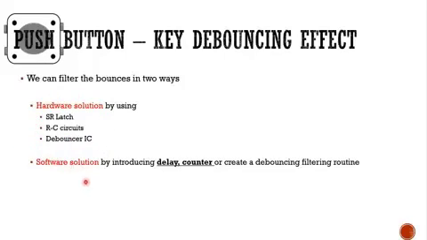We also have a software solution. This does not need any additional circuit. You just add a routine in your program to solve the bouncing effect. You can add either a delay or a counter that will filter out the bouncing.